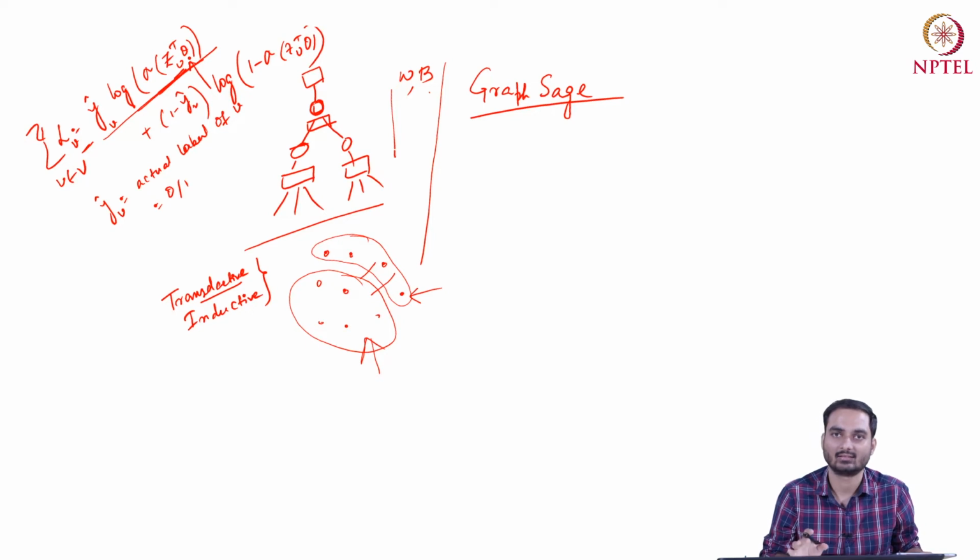So, you have to run all your learning methods on the training set, you generate some embeddings, some representations, and when a new test node comes in, you have to also generate the representation of that additional node, and you perform classification. Let us say you have an evolving graph.